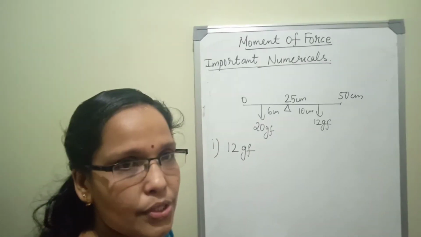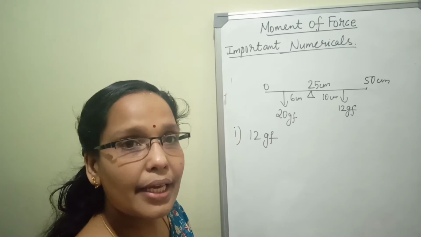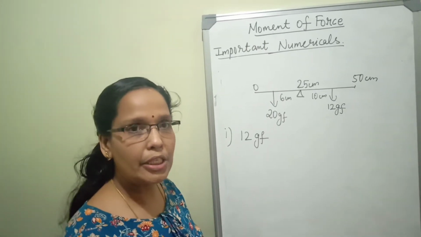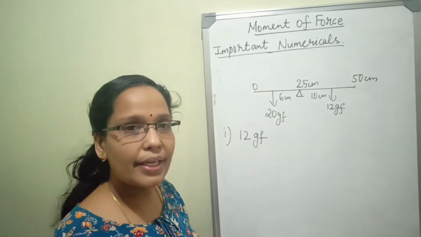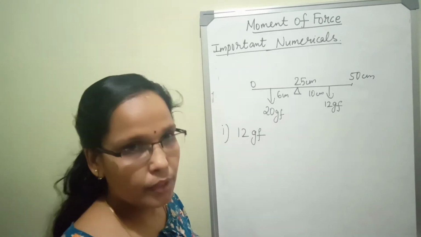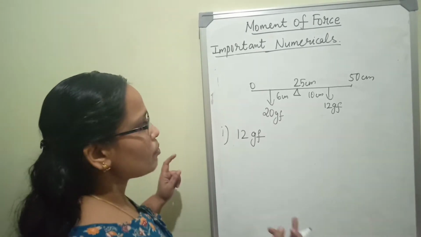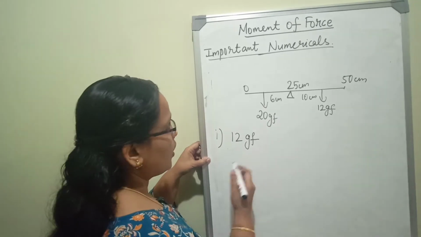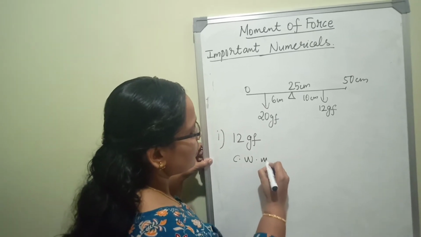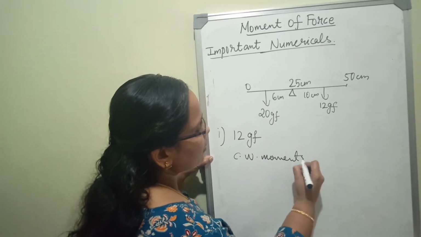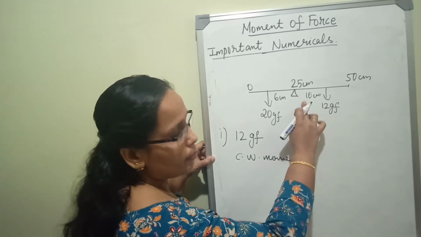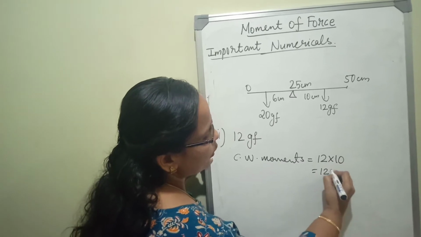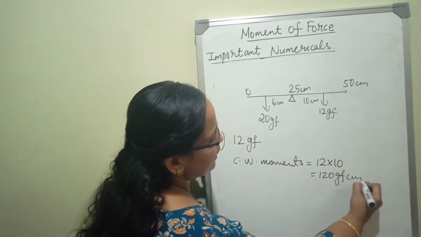Second question: is the rod in equilibrium? We have to check whether clockwise moments equal anti-clockwise moments. Only then can we say it is in equilibrium. Clockwise moment equals force into perpendicular distance. You get 12 into 10, 120 GF centimeter.